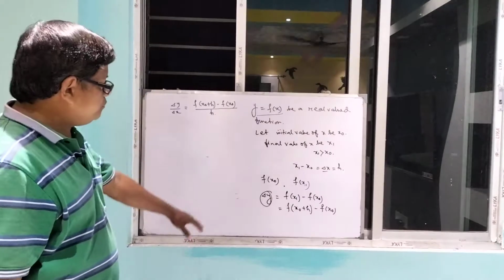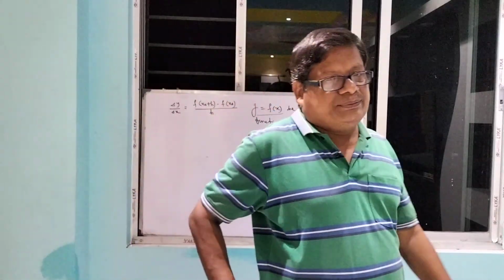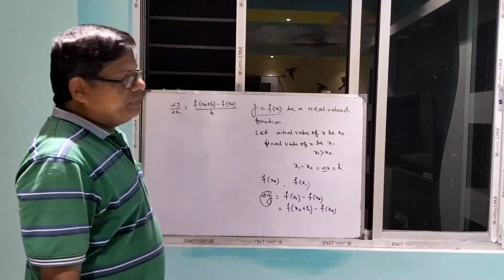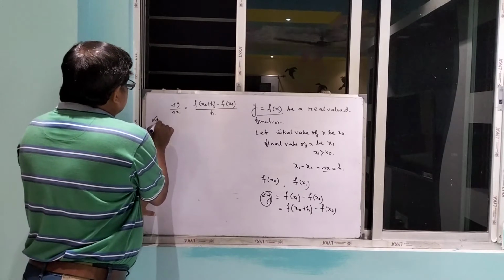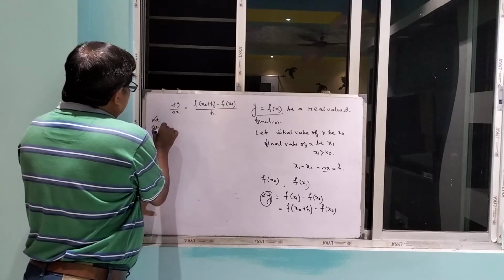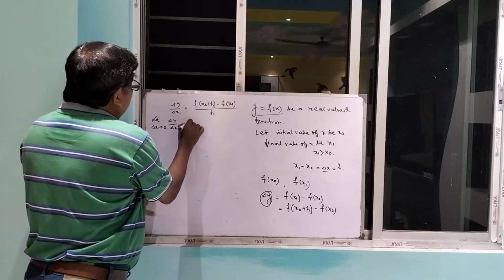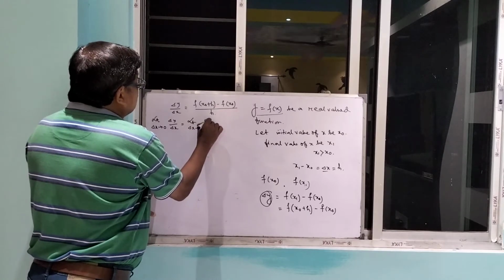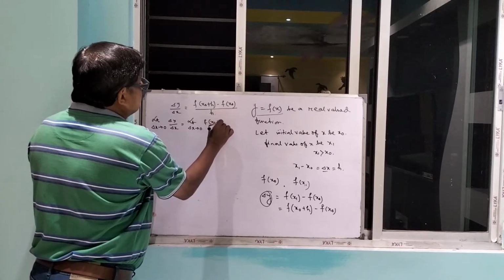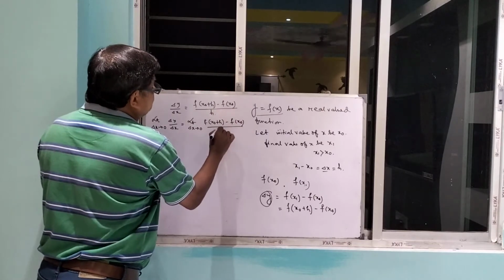Okay. And if delta x is very small, that means tends to 0. So write limit delta x tends to 0, delta y by delta x equal to limit delta x tends to 0, f of x0 plus h minus f of x0 by h.